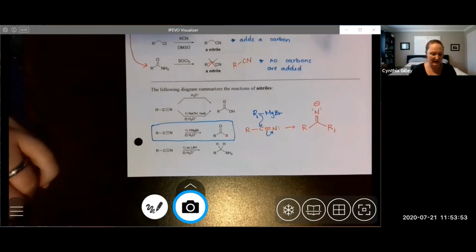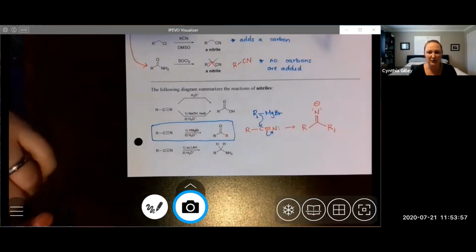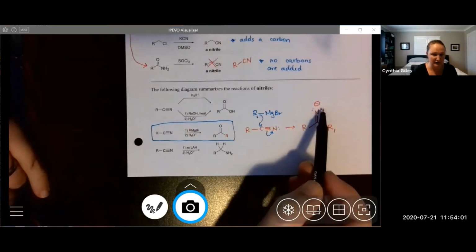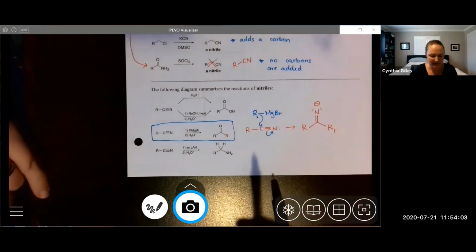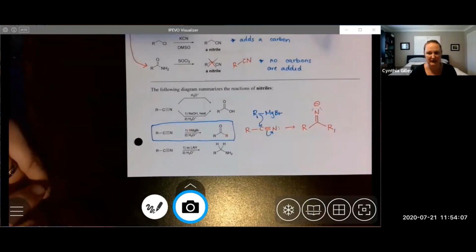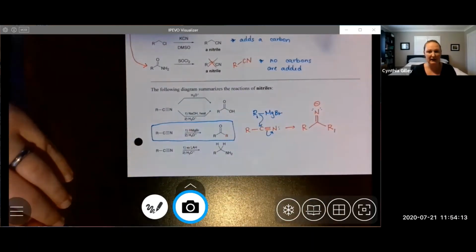Why is it stuck like this? It's stuck like this because there are no leaving groups, right? If we try to use this lone pair to regenerate the triple bond, we can't kick out either of those R groups. This is not a reversible reaction. There's no leaving group, so it's stuck exactly in this intermediate. Nothing can happen.